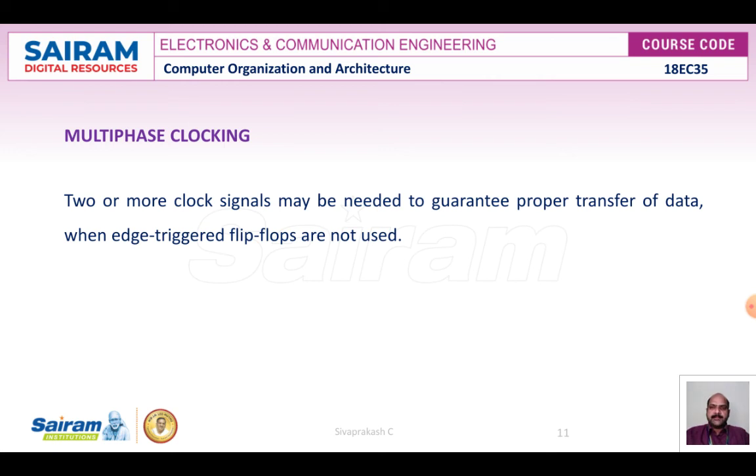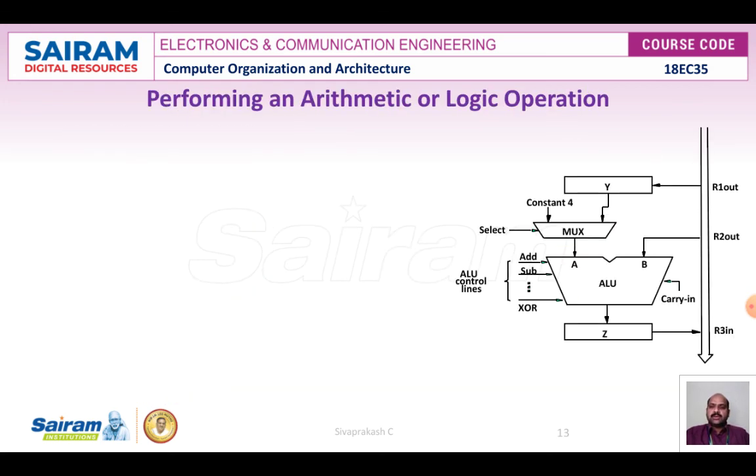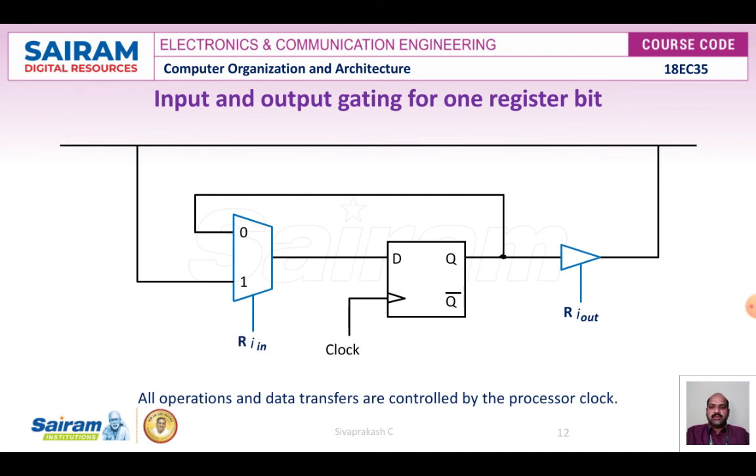Let us see how the register transfer happens with input and output gating for a 1-bit register. This particular circuit explains the input and output gating for a 1-bit register. A small implementation has been shown for this 1-bit register, with Ri in and Ri out.